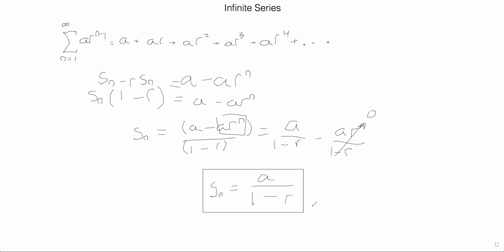So what comes next? Oh, we want to add a condition. So we note that this only converges if r falls within a certain value. But let's take it a step further. Instead of saying r has to be between -1 and +1, let's make it a little more simple. Let's say the absolute value of r has to be less than 1.